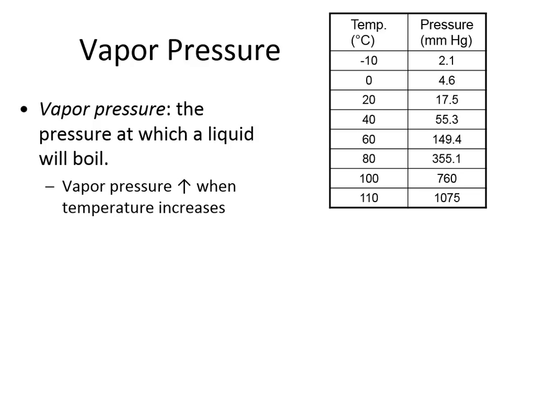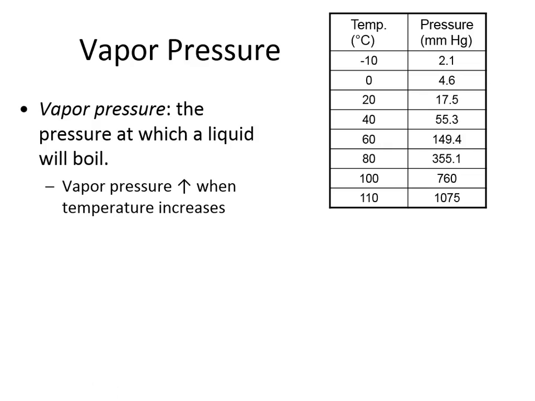And so this figure that I've just put on the screen is showing the relationship between temperature and vapor pressure for water. And the units of pressure listed here are millimeters of mercury. And you may remember from your days in chemistry that atmospheric pressure is 760 millimeters of mercury. That's atmospheric pressure. So it's no coincidence that water has a vapor pressure of 760 at 100 degrees Celsius.